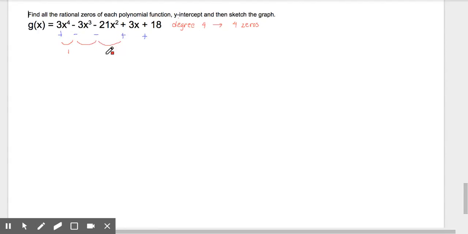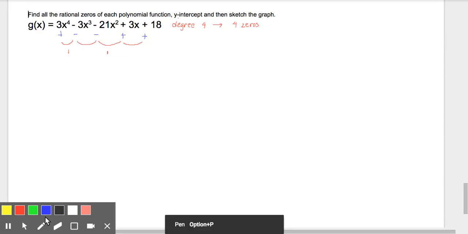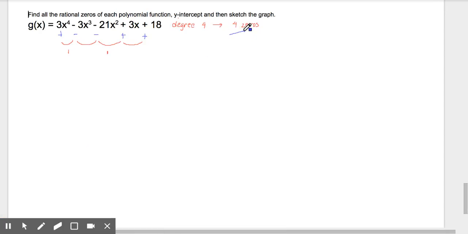Negative to positive, that's another change. And positive to positive, no change. So therefore, there are 2 sign changes. Therefore, there should be 2 positive zeros. So that means out of the 4 zeros, 2 of them must be positive and 2 must be negative.